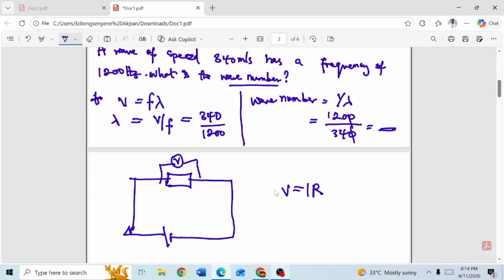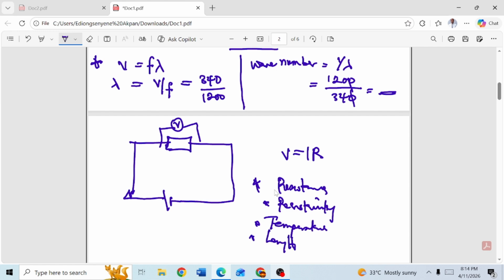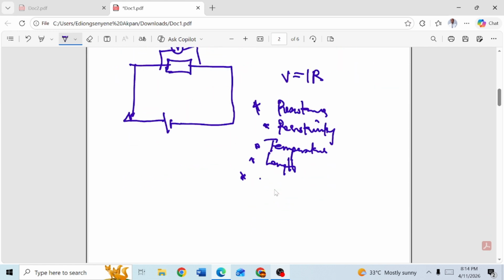We have some factors that affect the conductivity of a material. We mention the resistance, we mention the resistivity, we mention temperature, we mention the length of the material, we mention the area of the wire.